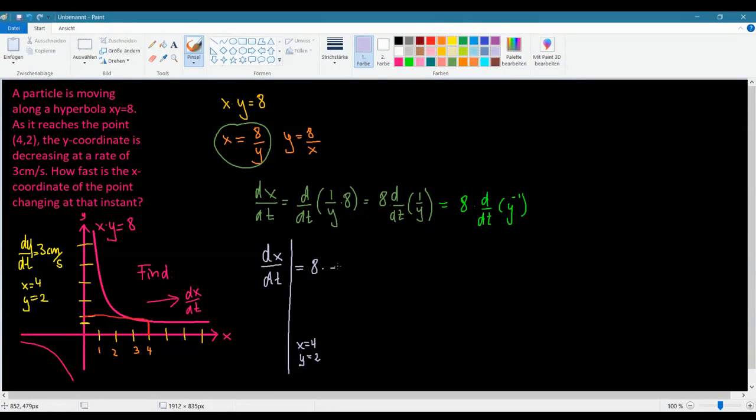So we're going to make that negative 1 times the inner function, which is y, to the negative 2. And we're going to multiply that by the derivative of the inner function, which is the rate of change of y, which we have over here. So we can just plug that in later.